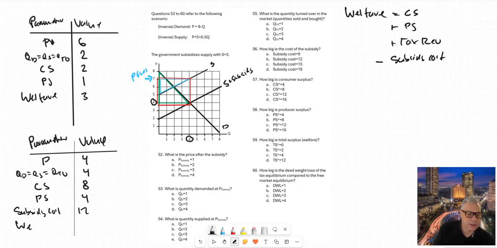So now how big is welfare? 8 plus 4 is 12, minus 12, so there's actually 0 welfare. So we drop from 3 to 0, which is a deadweight loss of 3.